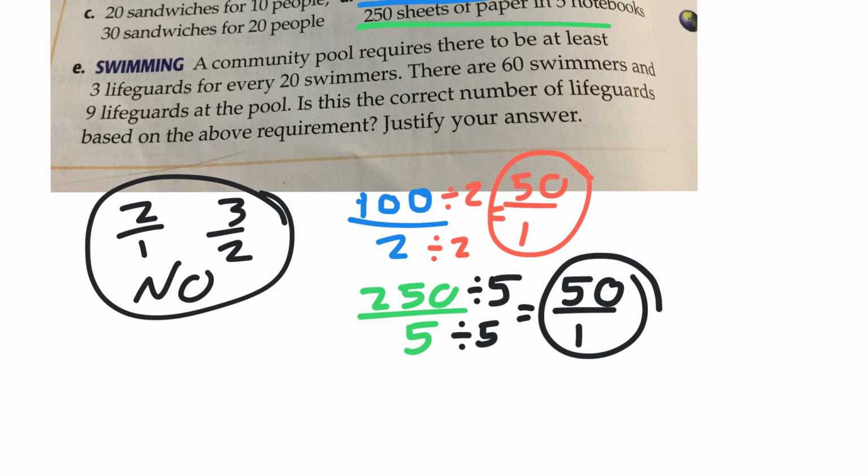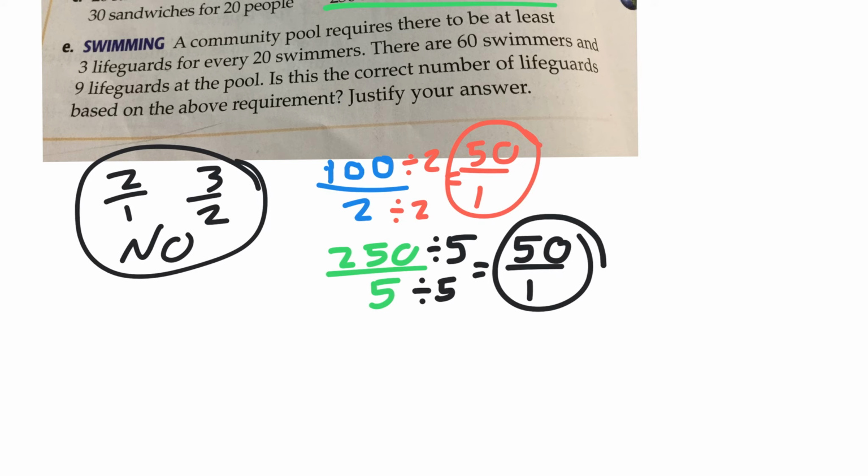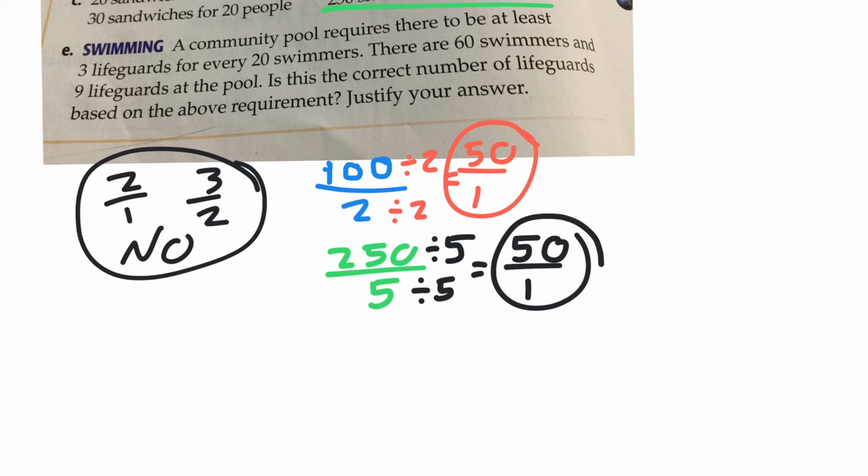Because there are 9 lifeguards and 60 people, and there are 3 groups of 20 and 3 groups of lifeguards. 3 times 3 is 9, and they need 3 lifeguards for every 20 people.